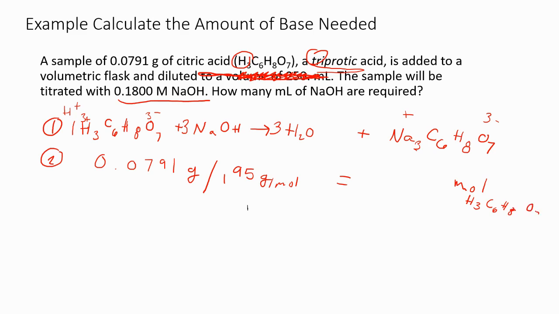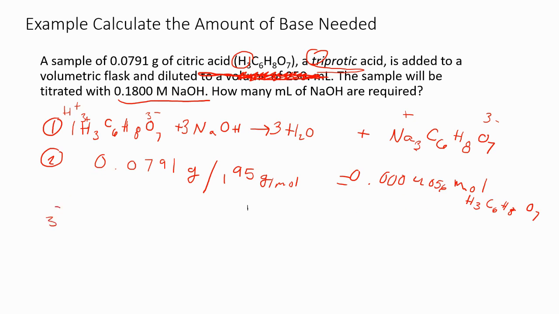Oh, 7. Okay, so I'm going to take my number, 0.0791, divided by 195. That gives me moles of citric acid, 0.00040056.